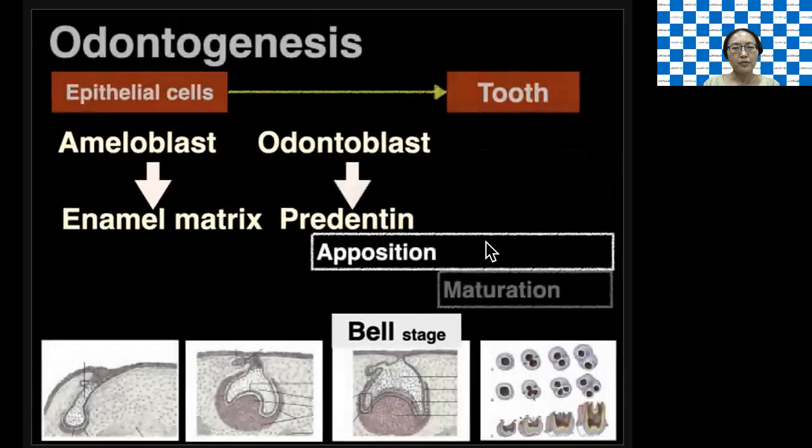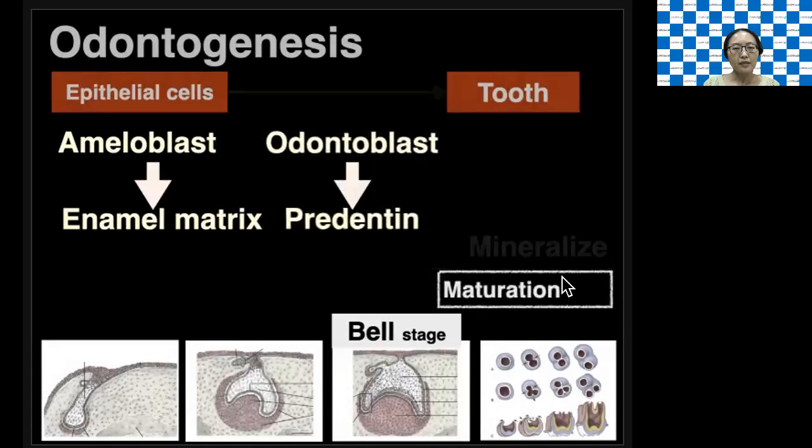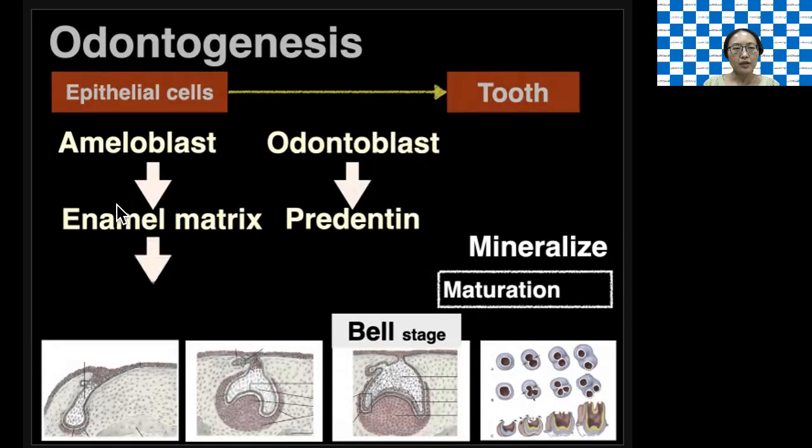In the apposition process, ameloblasts produce the enamel matrix and odontoblasts produce the dentin. And in the maturation stage, there is mineralization of this matrix, so the enamel matrix becomes the enamel, and the predentin becomes the dentin.